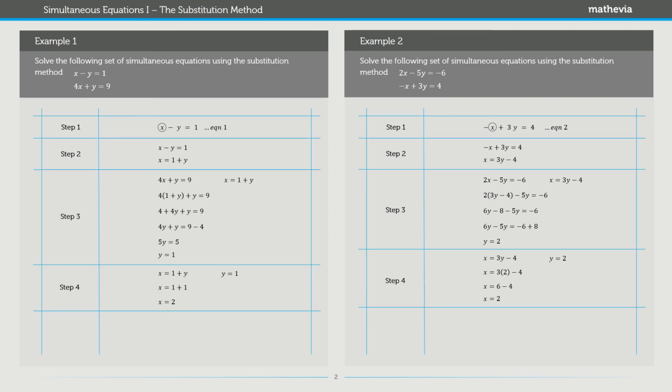So for step 4, the best equation to put your result from step 3 into is the equation gotten from step 2 when you make your selected variable subject of formula, because at that point it's very easy to proceed from there.